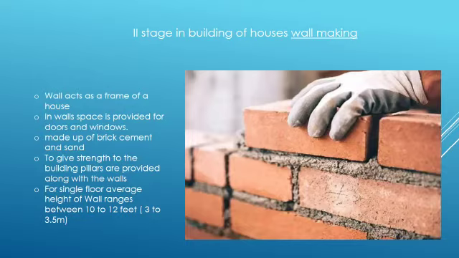For strengthening the structure, pillars are provided along with the walls. For a single floor, the average height of a wall ranges between 10 to 12 feet or 3 to 3.5 meters.